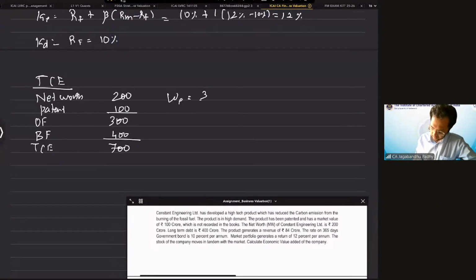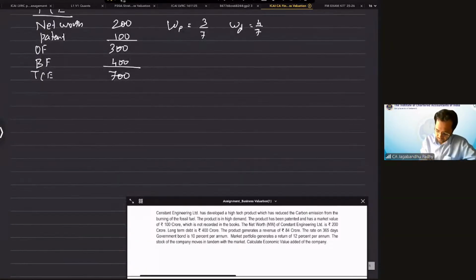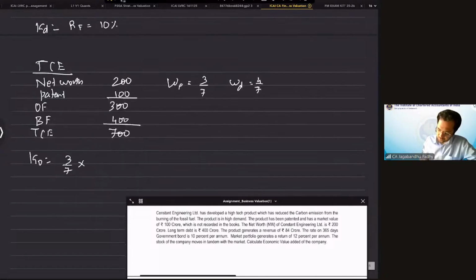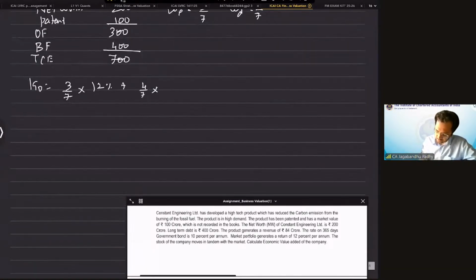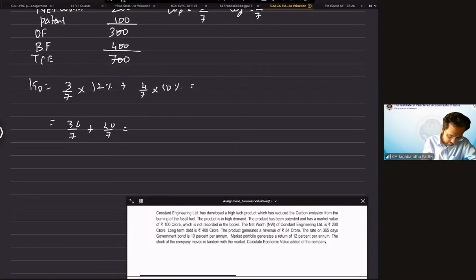So weightage of equity will be 3 out of 7. Weightage of debt will be 4 out of 7. So you can get the KO as 3 by 7 into 12% plus 4 by 7 into 10%. So how much is this going to be? 12 into 3, which is 36 by 7, plus 40 by 7, which is 56 by 7.